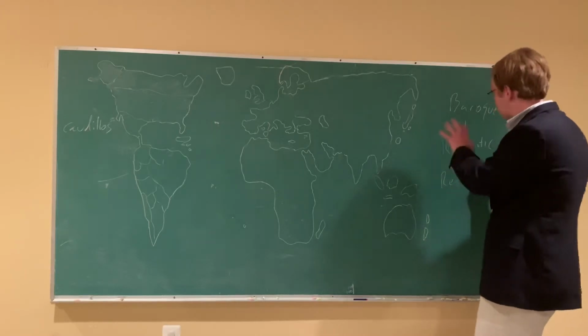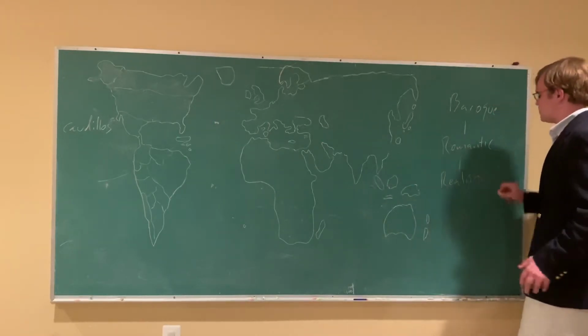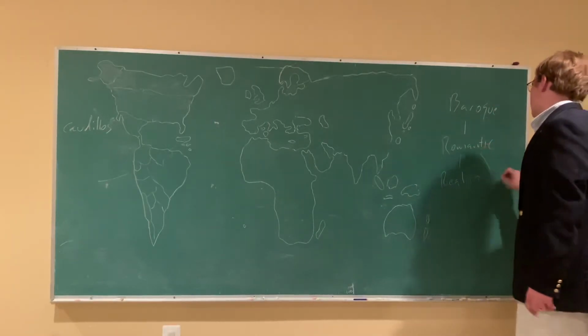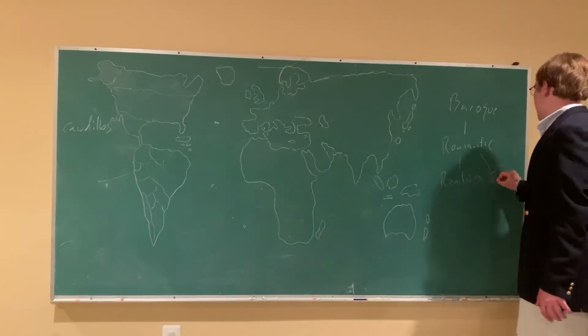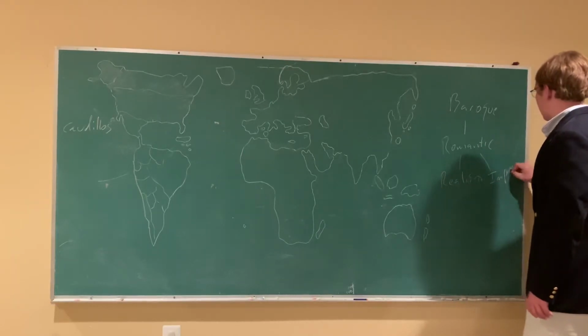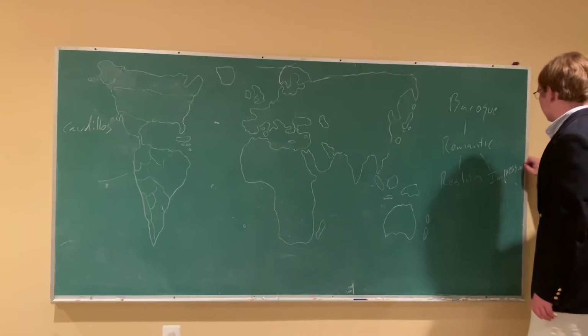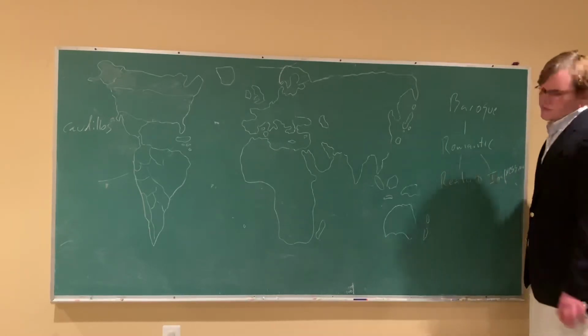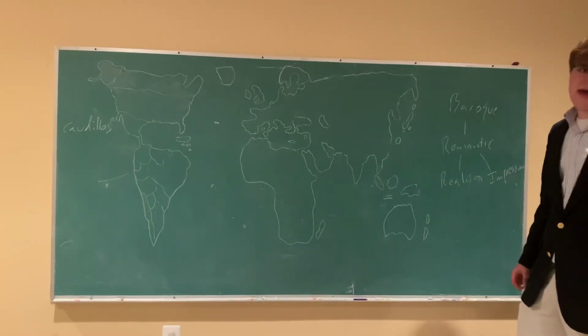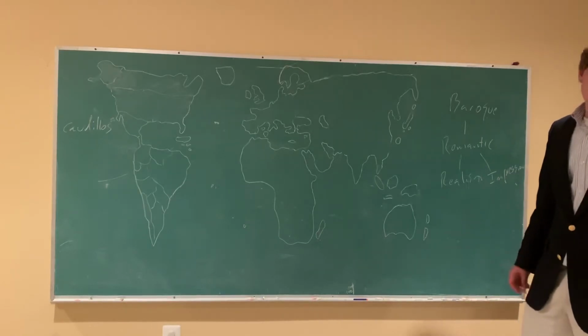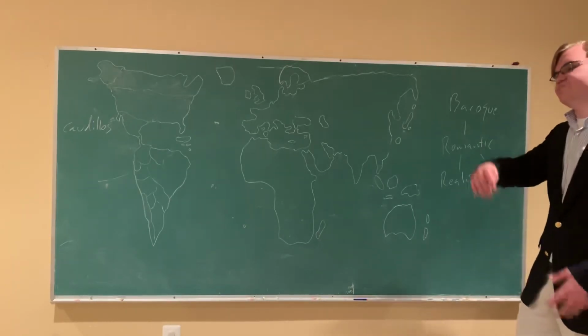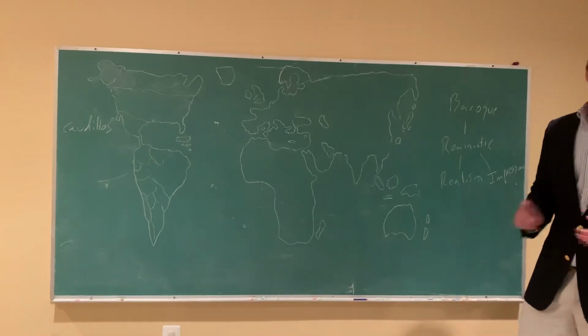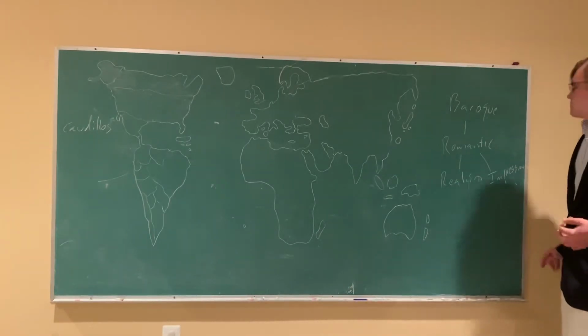And this isn't totally a linear trend, but you have realism, you have Impressionism. And Impressionism is the first art in Europe that is going away from realism as a goal, like having it look real. Impressionism is like watercolors and broad strokes and stuff like that.